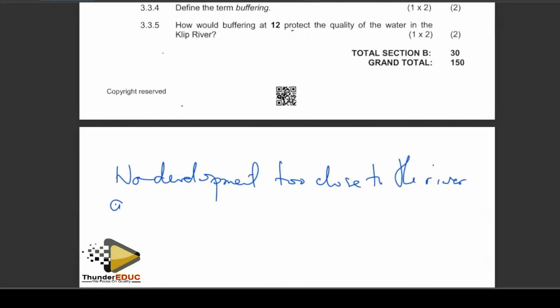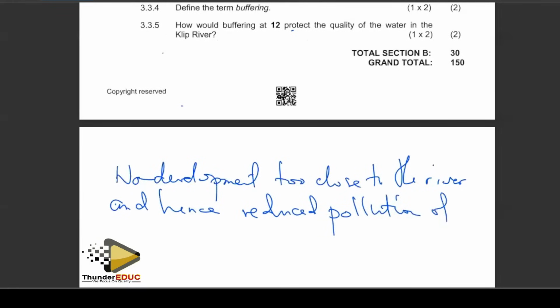And how does that help enhance reduced pollution of the river? It is going to protect the quality of the water by limiting development too close to the river.